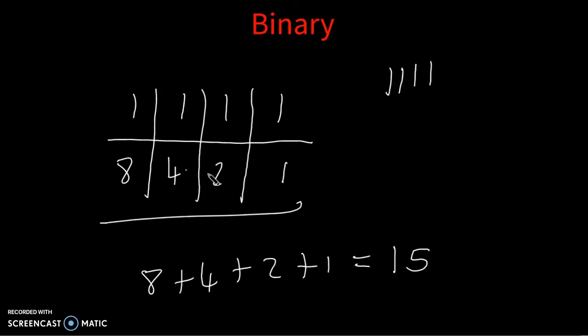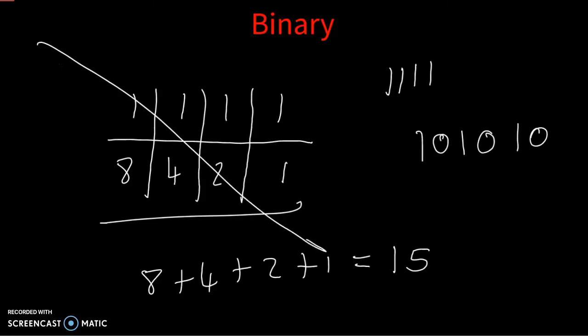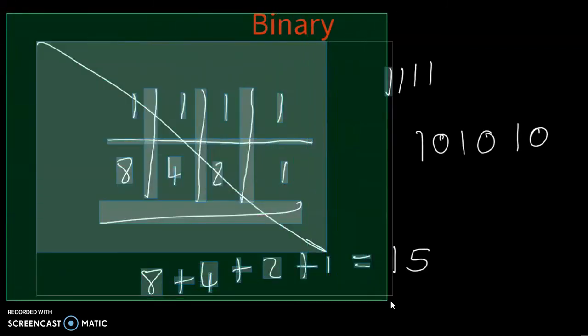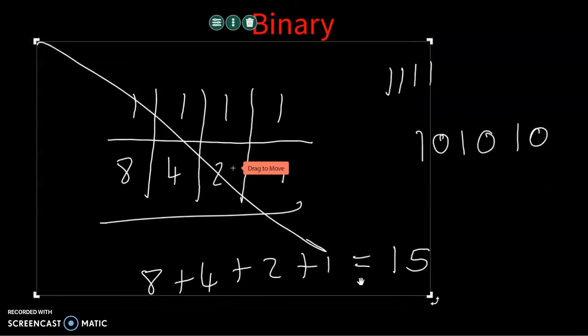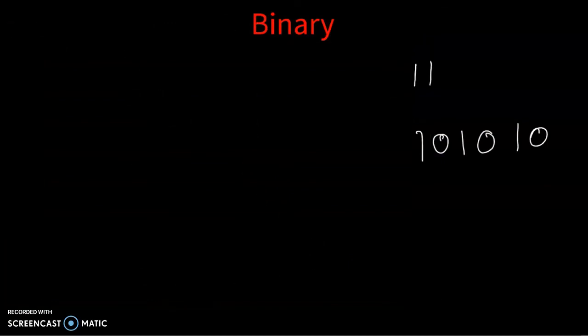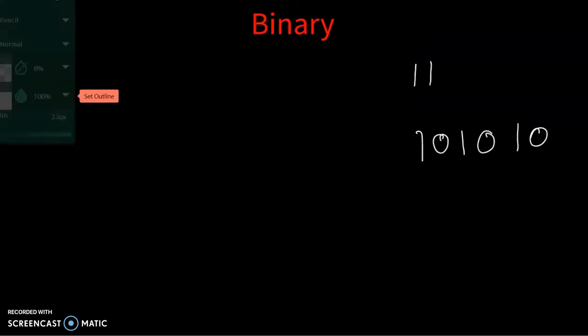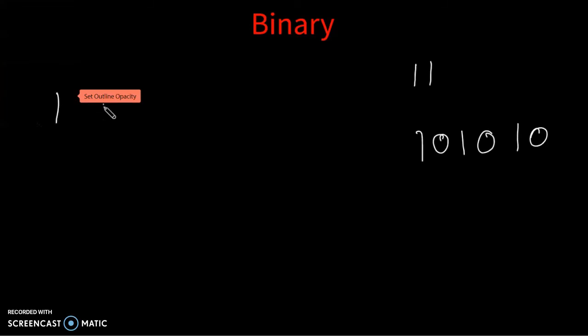So let's say we are given another number, 1, 0, 1, 0, 1, 0.